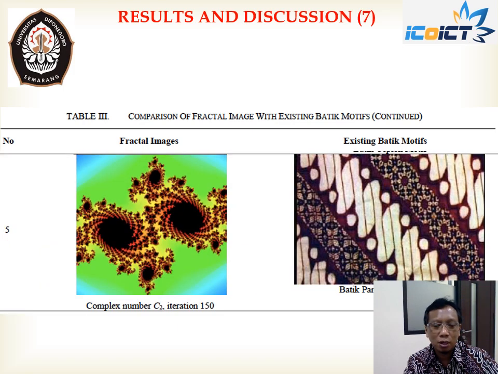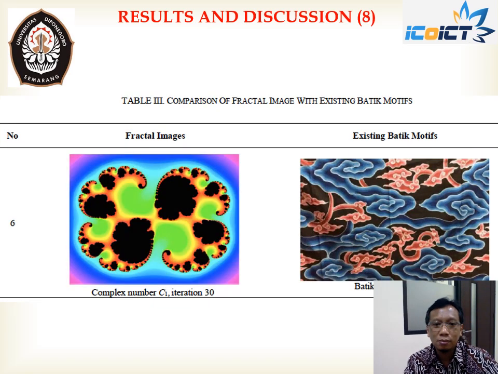And then complex number C2 for iteration 150, considered similar to batik Parangkusumo from Yogyakarta. This batik Megamendung from Cirebon is considered to be similar to the fractal images with complex number C1 with iteration 30.